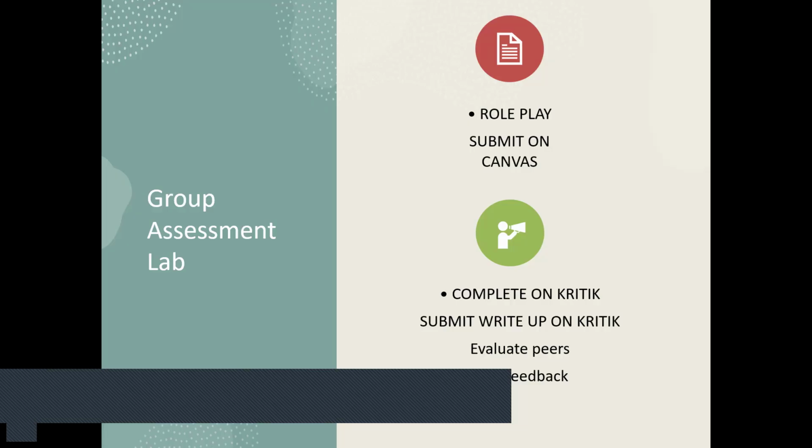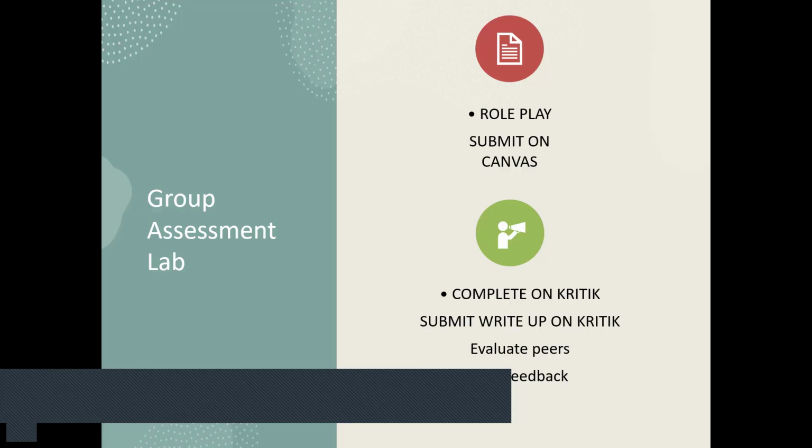Okay. Now, once you do the video and you submit it, you now have the write-up part. So each one of the assignments, I'm going to give you some kind of assessment or write-up instructions or reports to be done. And this part you're going to be submitting on Critic.